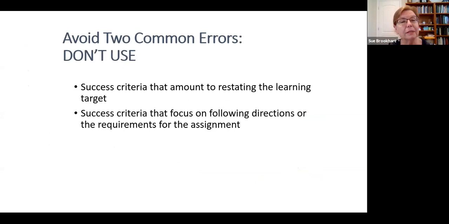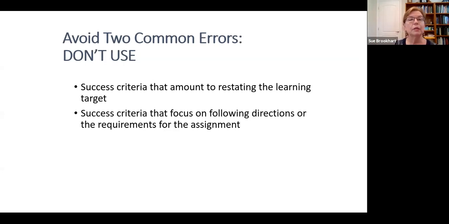The 2 biggest errors I have seen is people using success criteria that amount to just restating the learning target, which often comes when people don't realize that you need another level of breakdown for success criteria. So the learning target says, for instance, I can write a good descriptive paragraph.